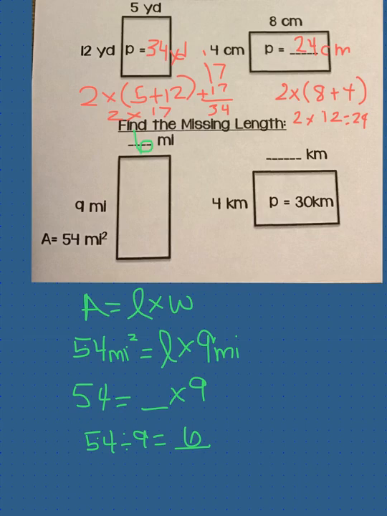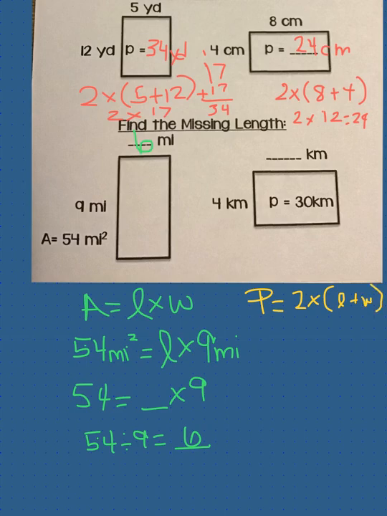Over here, what I'm going to do is I have to write down the perimeter formula. Okay, I'm going to do it in yellow just so that I have a different color. I'm going to write down the perimeter formula, which is perimeter equals 2 times length plus width.